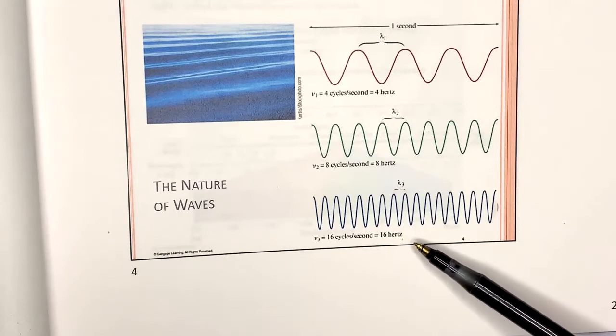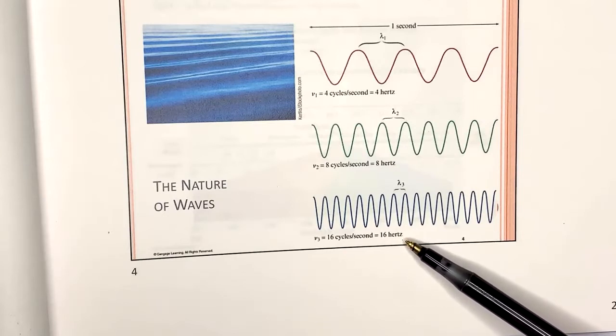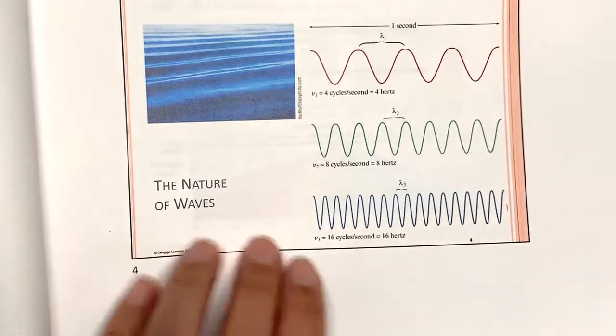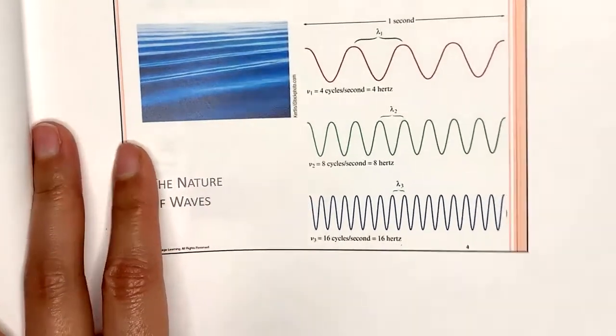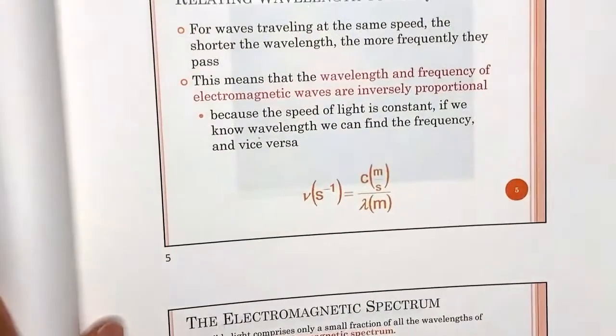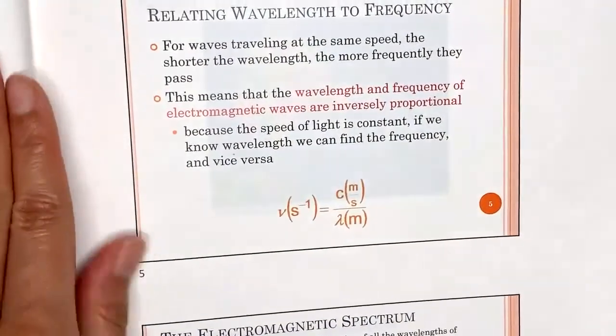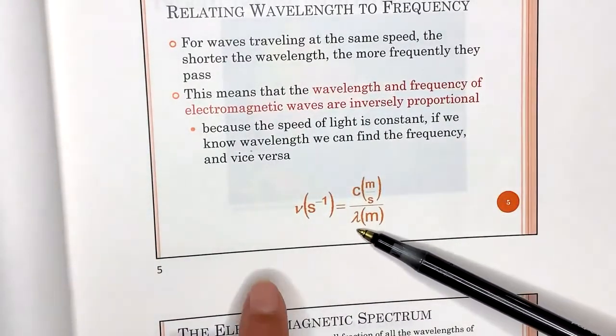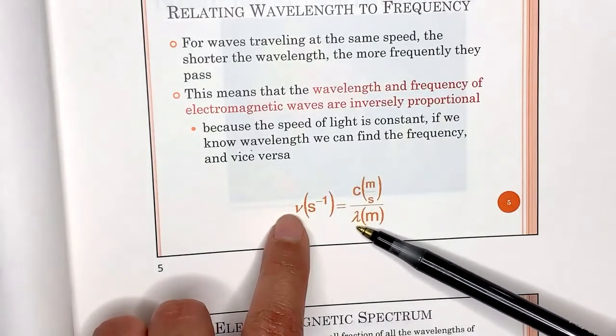And the higher the frequency, the more energy there is for that particular wave. Of course, if it's a bigger amplitude, it's stronger. So the wavelength and the frequency are opposite.